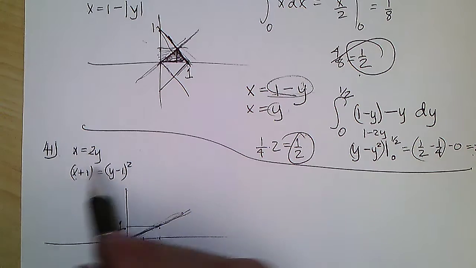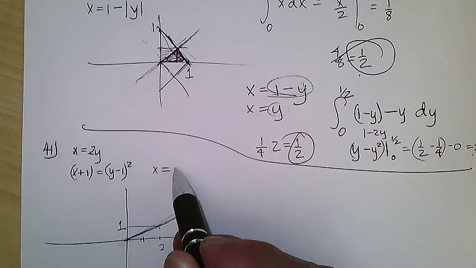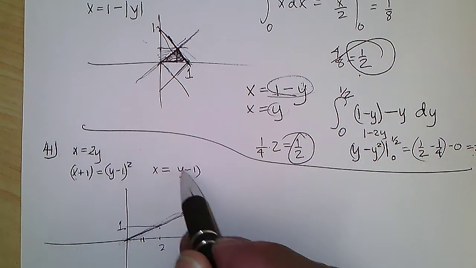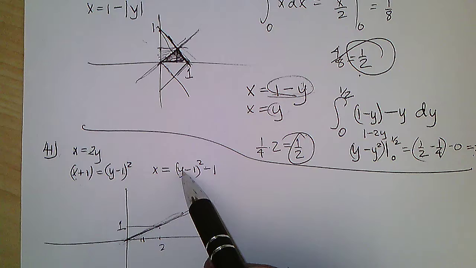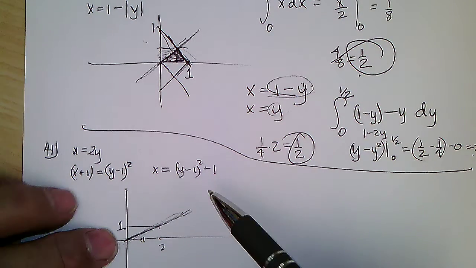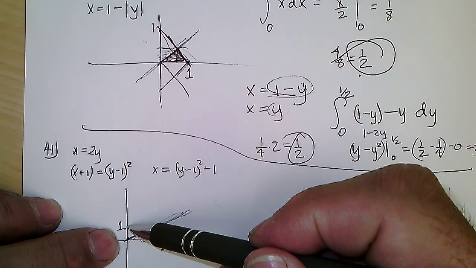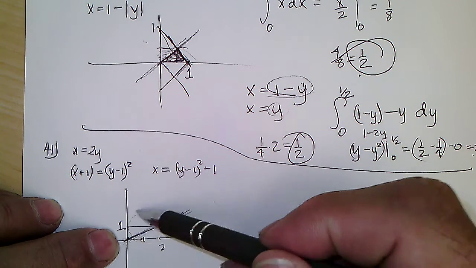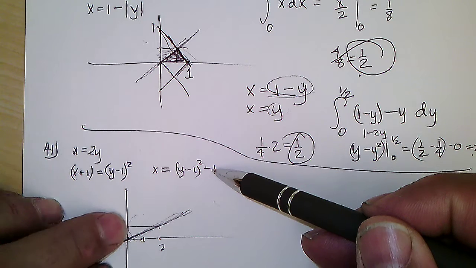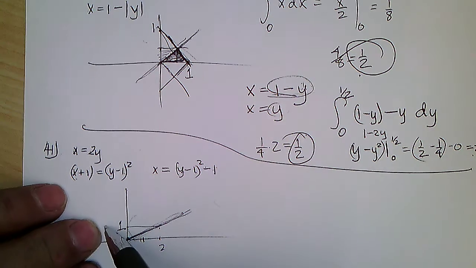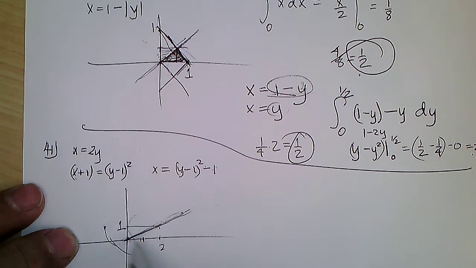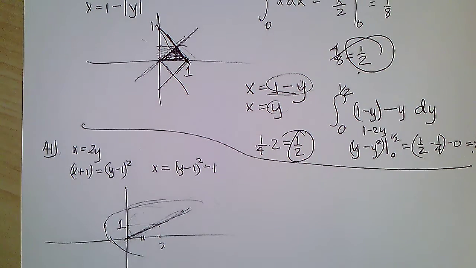If we subtract 1 from both sides, we get x equals y minus 1 squared minus 1. So y minus 1 means it's moved plus 1 in the y, and then taken minus 1. So it'd be a parabola that's something like this. And we're supposed to find the area inside that.